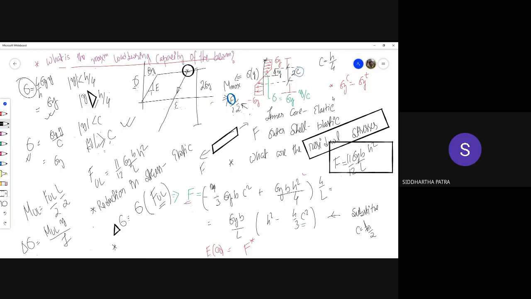So the idea is that instead of loading elastoplastically, if the material was completely loaded elastically, it would have some other stress distribution, right?